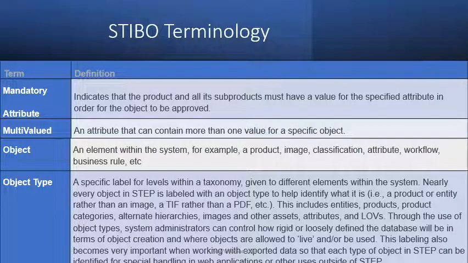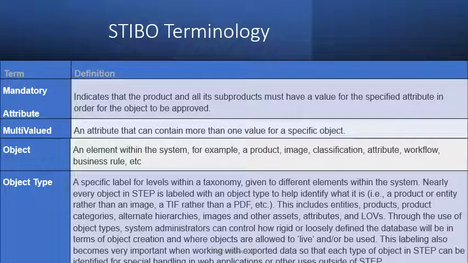For creating an attribute, it has the mandatory options as STIBO STEP recommends. So we have to select, for example, that this is the object to be approved, and some specific attributes which have yes, no options. We need to select these before creating a multi-value.